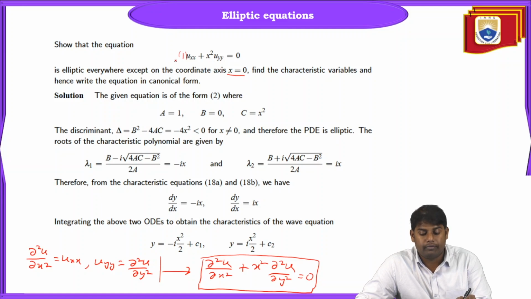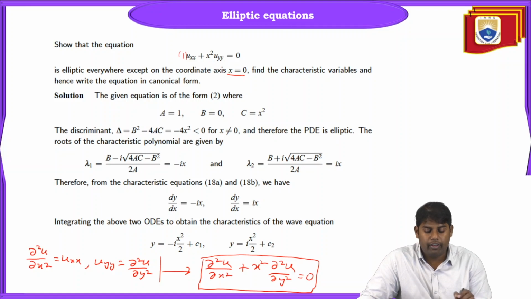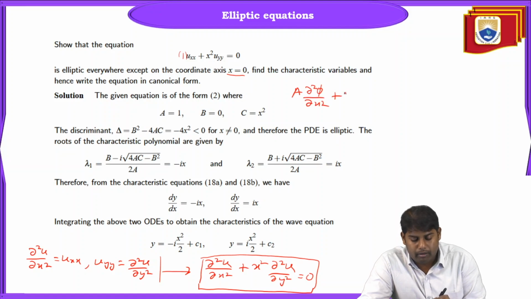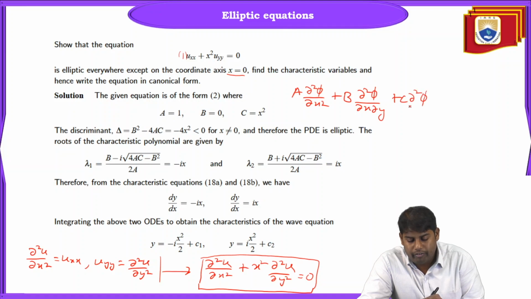Why? Because when you take the second order equation, we have a into dou square phi by dou x square plus b into dou square phi by dou x dou y plus c into dou square phi by dou y square is equal to 0.